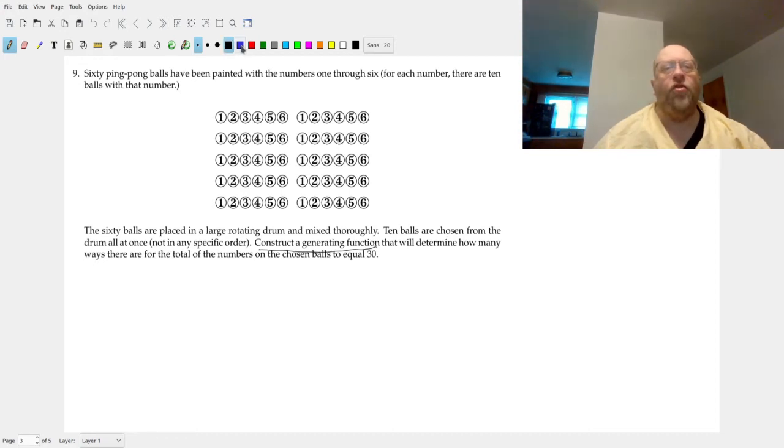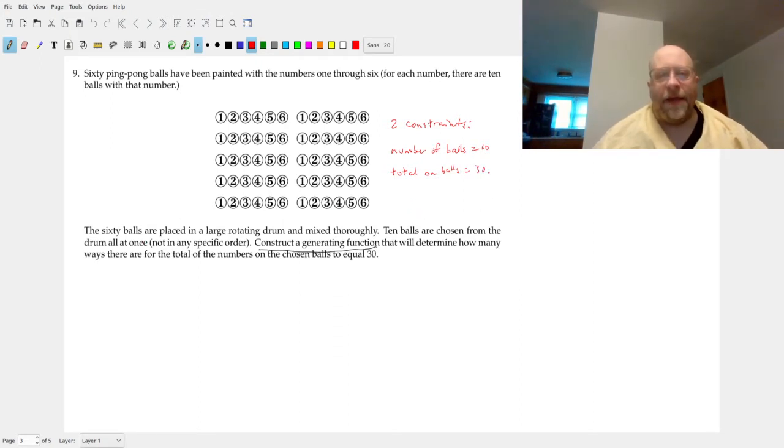So we have two different values here that we want to look at, so our two constraints. One is that the number of balls has to be 10, and one is the total of the value of them to equal 30.